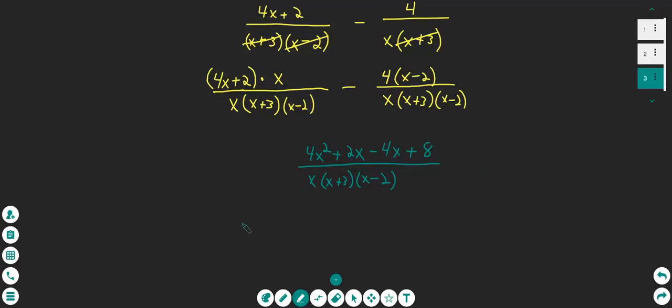This is going to equal the 4x squared, but now I've got a 2x and a negative 4x. I can combine those, and that's going to give me a negative 2x plus 8. And then in the denominator, I show my x plus 3, x minus 2. Right? Very good. So there you go. I think that's going to be our final answer to this one right here.